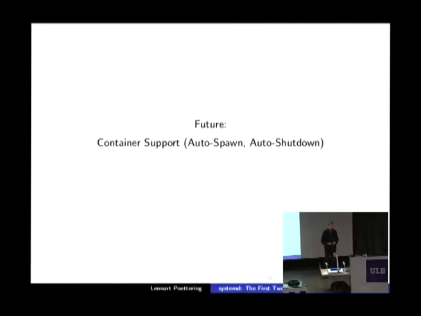The container support in systemd is actually really nice and can do tricks that nobody else could do before. One specific thing here is auto-spawning. We can auto-spawn entire containers on demand.